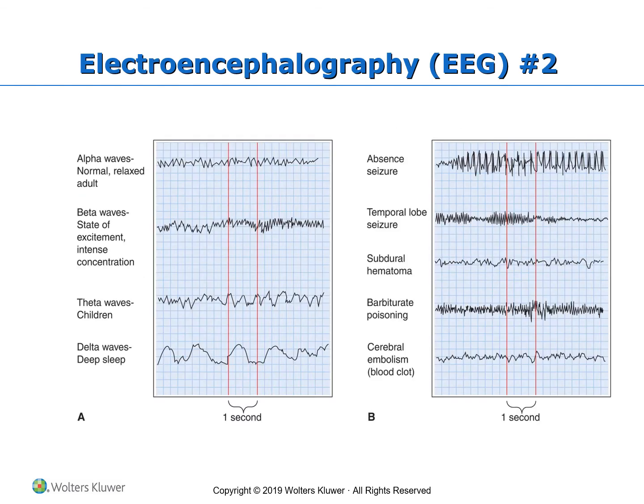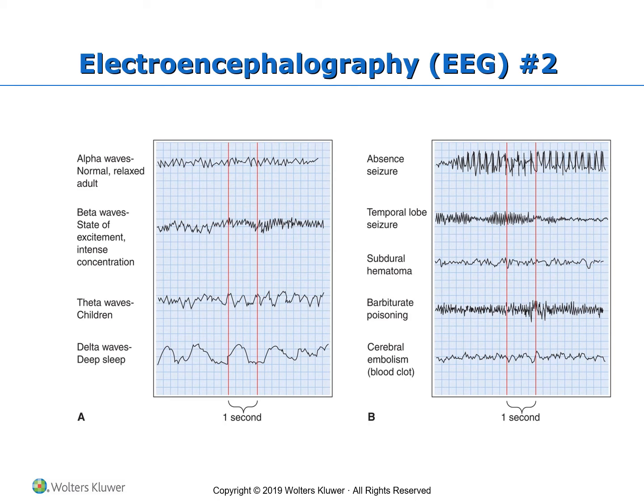And here you see examples of those electroencephalography strips, and you can see over here alpha waves that are normally seen in an adult. There are different ways in adults and in children. We have different patterns. You can see the beta waves, how they look when someone is excited or in intense concentration. We have theta waves that are typical for a children's brain, and you see how they're scattered in a completely different way.